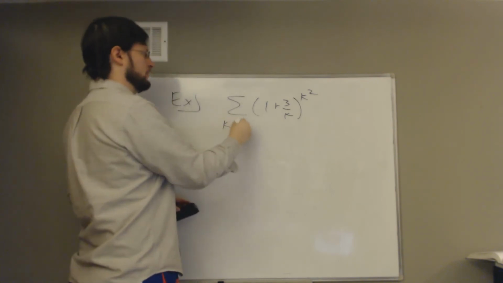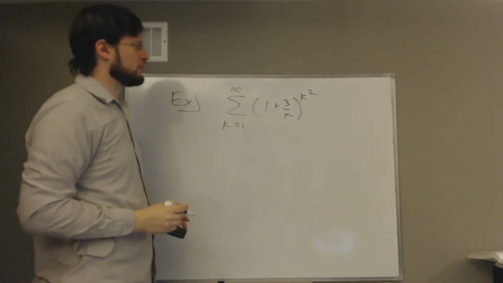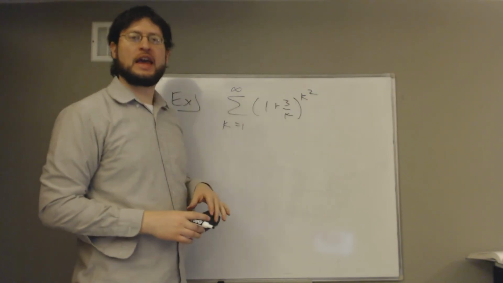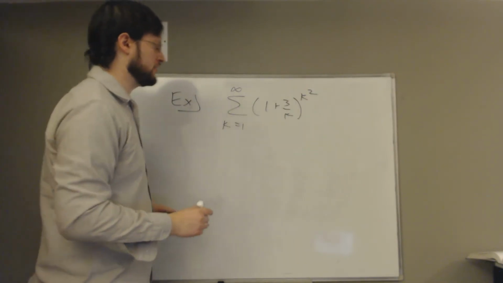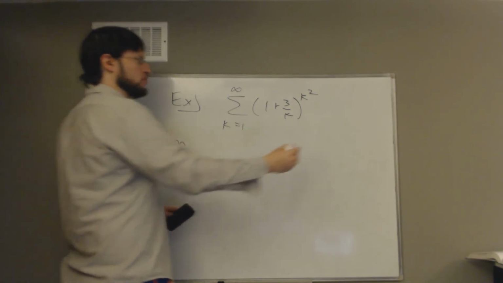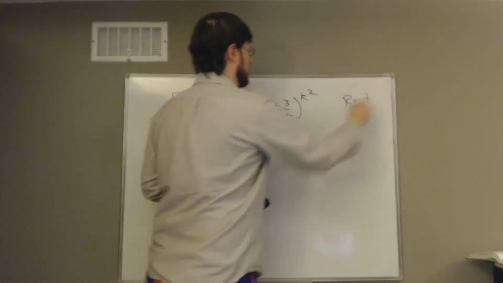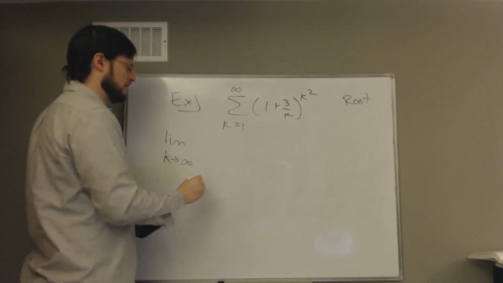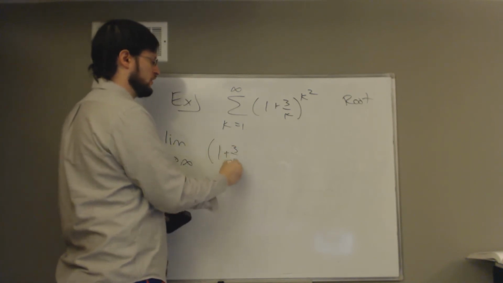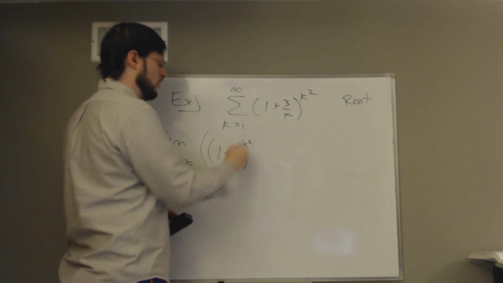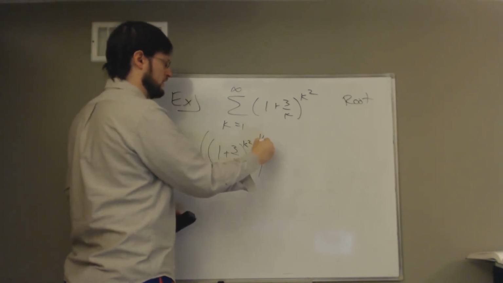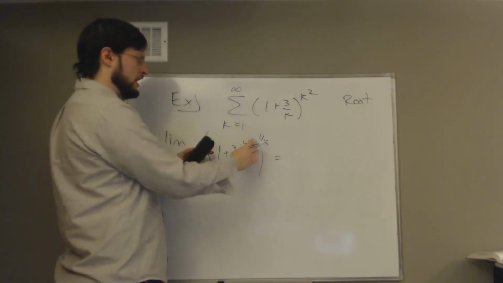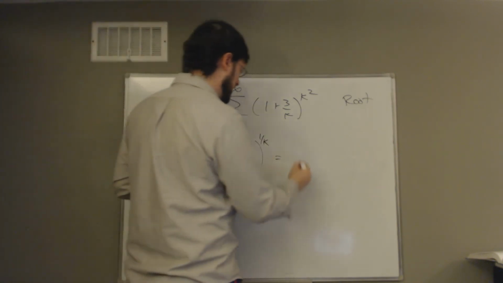Okay, so we'll look at this one: the sum of 1 plus 3 over k, all to the k squared. Again, we see a power of k, although in this case it's k squared. So we're still going to use the root test. We take the limit as k goes to infinity of 1 plus 3 over k to the k squared, all to the 1 over k. Then I get k squared over k, which is k.